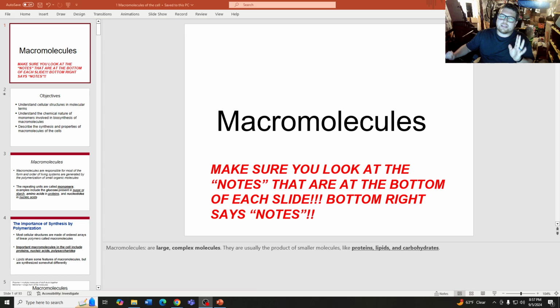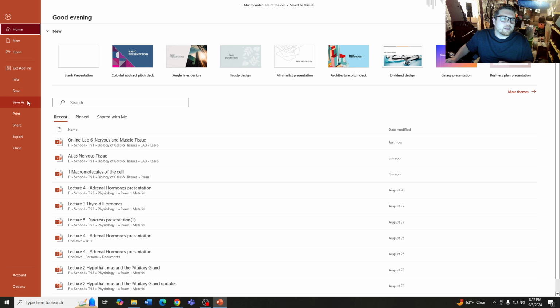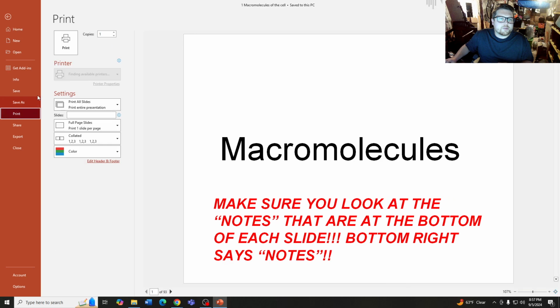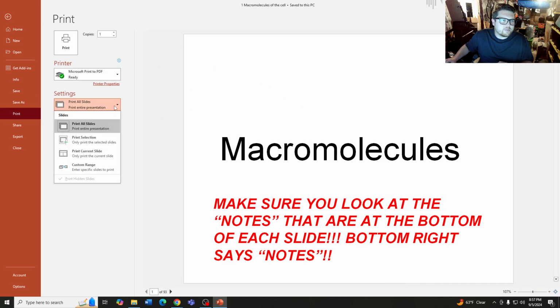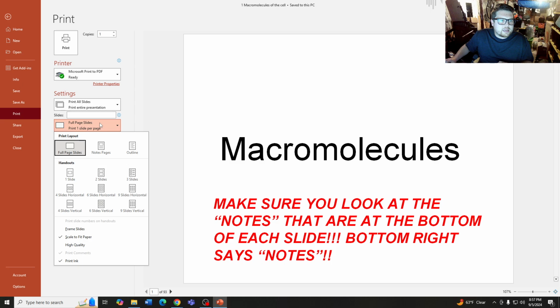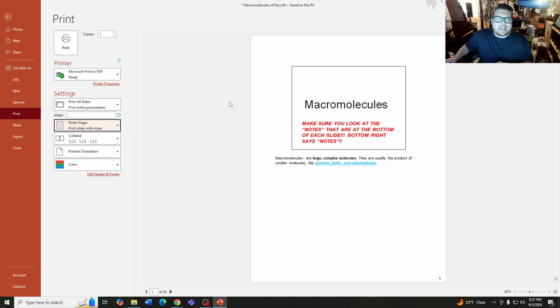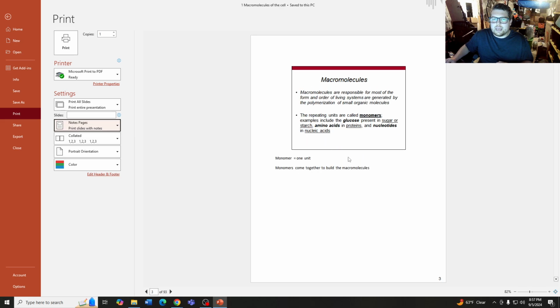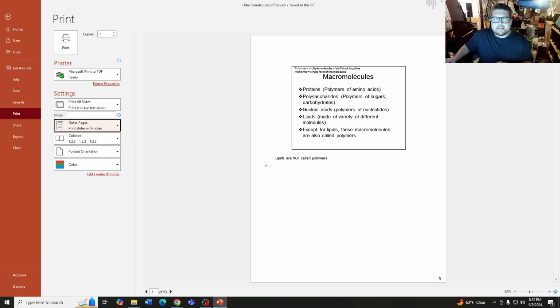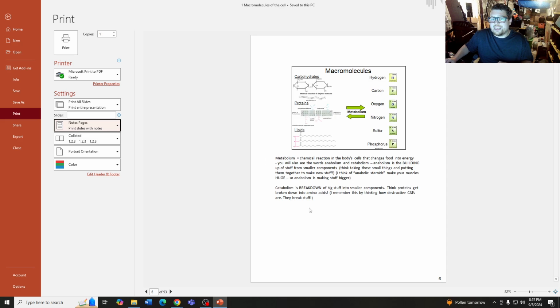If you are doing it that way, make sure that when you convert everything, so you can go file print or even export, you include it more like a notes page, so that anything that are notes underneath is also included. That is the easiest way to do that.